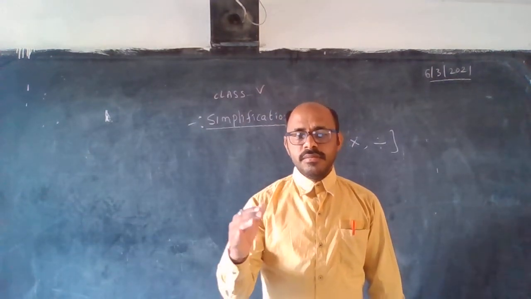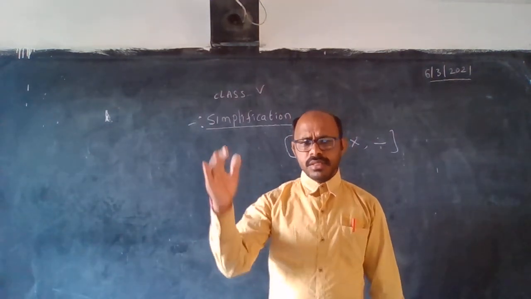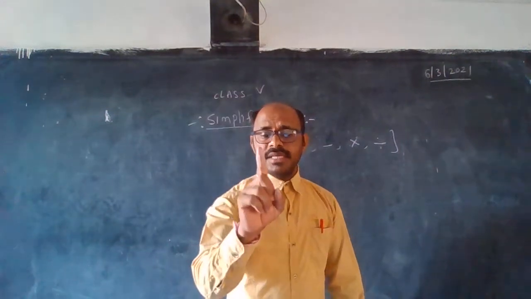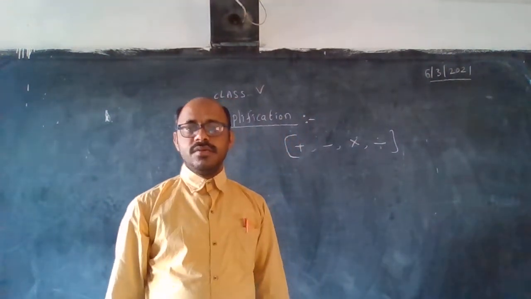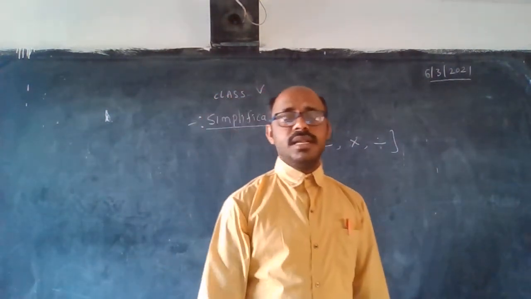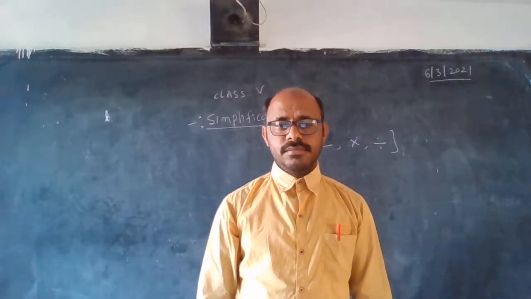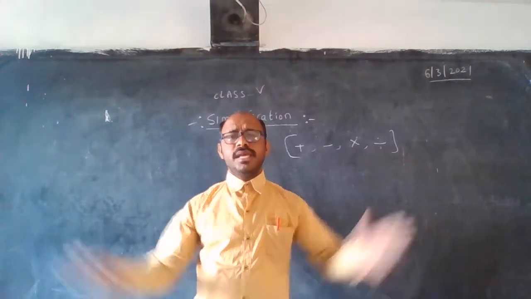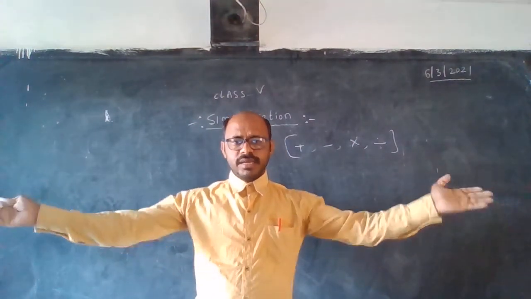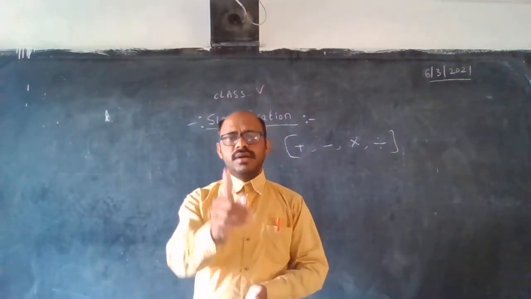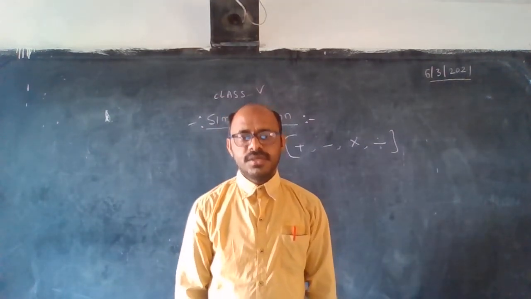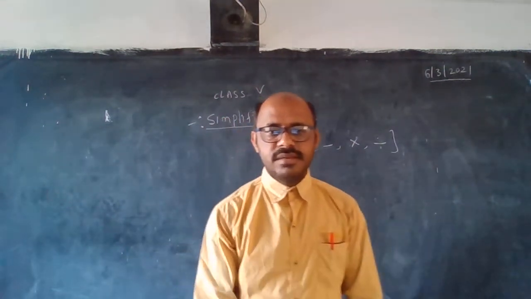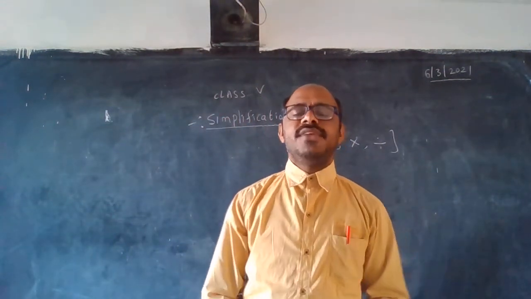We use all 4 operation symbols and in the end we get a single numerical number. This method we call simplification. The question given is big, but the answer should be one single term. We make it short. That is simplification.